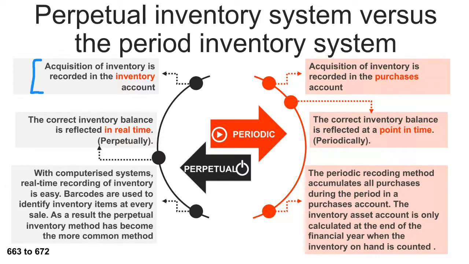But obviously, in the retail industry, it would just be inventory, right? We wouldn't label it anything else. It'll just be inventory. And so basically, as soon as we make a purchase, we know what is in the inventory account. And then as soon as we make a sale, we take it out of the inventory account.